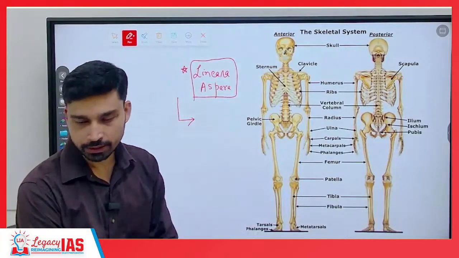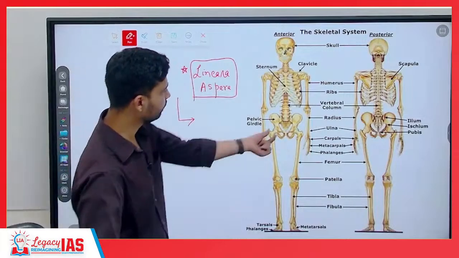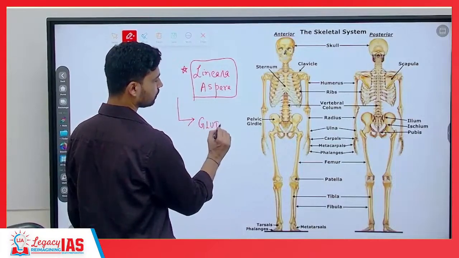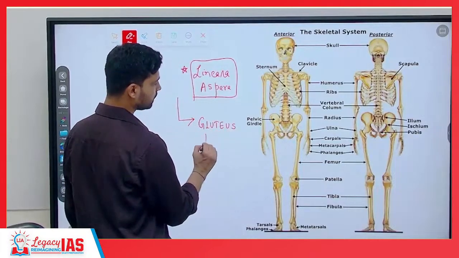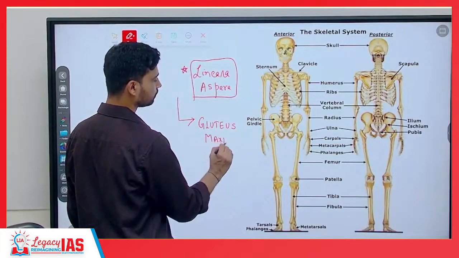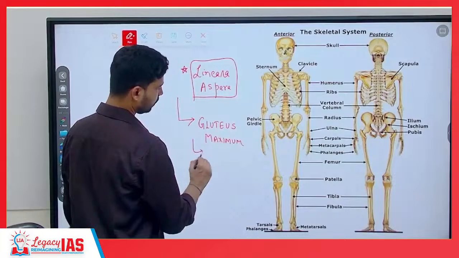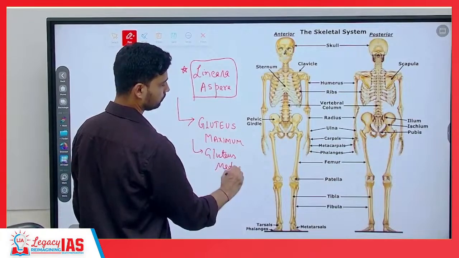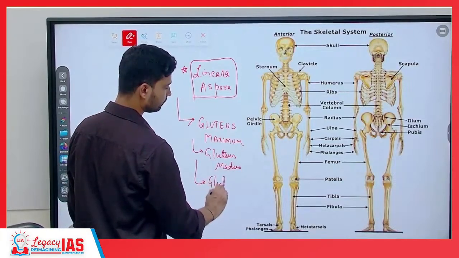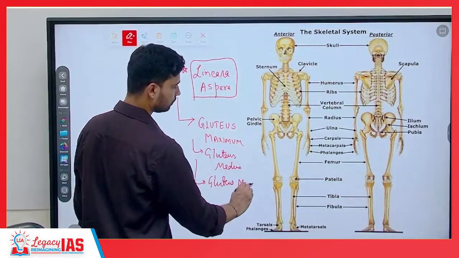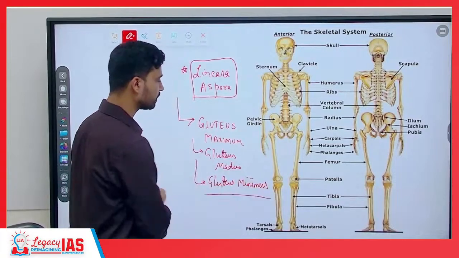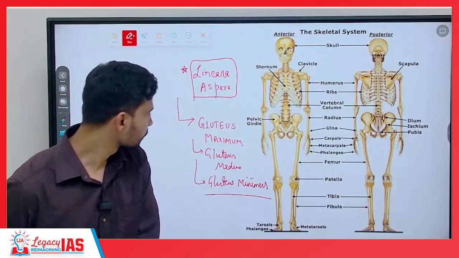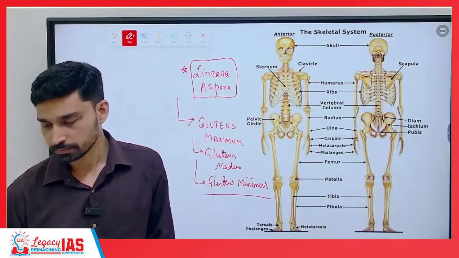Then the last point we can add here is about the hip muscles, in the hip region. Three types of muscles we can write here. The hip muscles are called gluteus maximus, gluteus medius, and gluteus minimus.